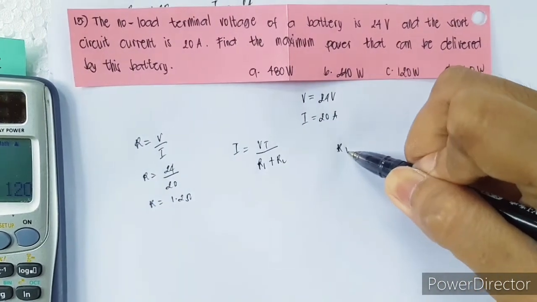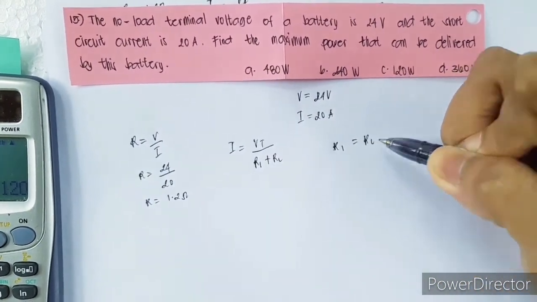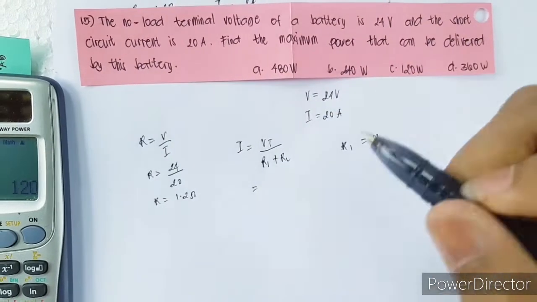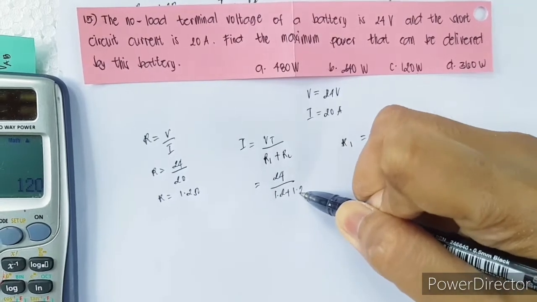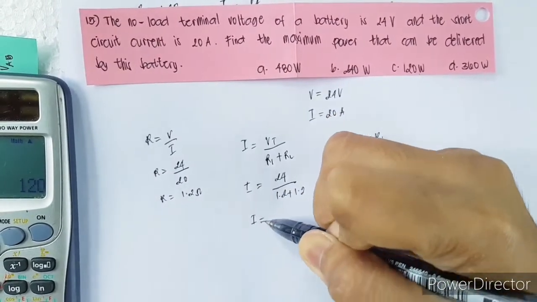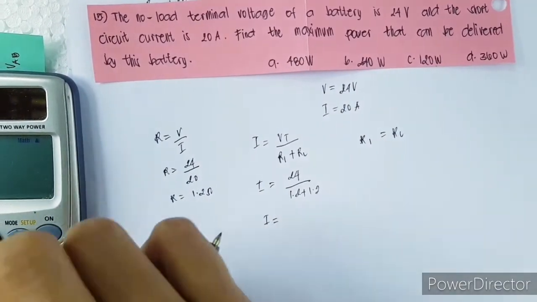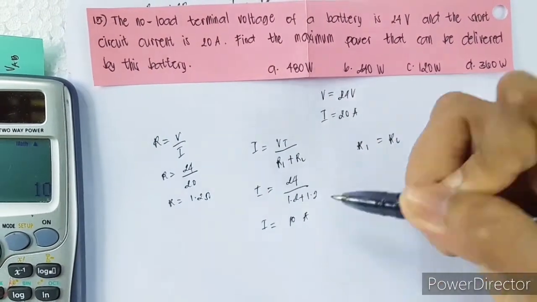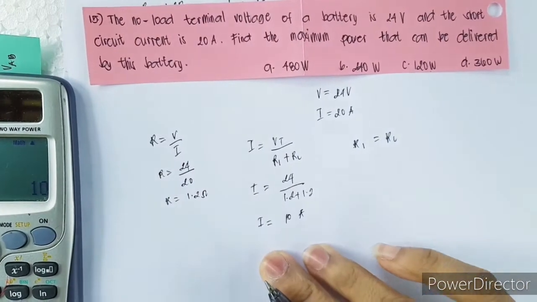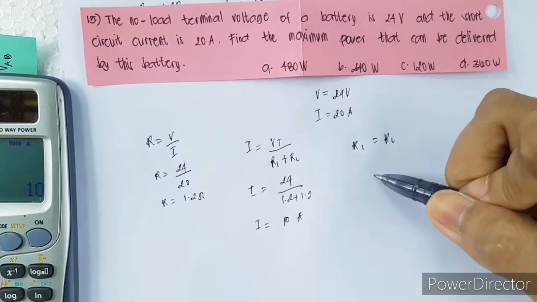Note that the R internal and the load resistance are equal. So we have 24 volts over 1.2 plus 1.2. So we will get 10 ampere.